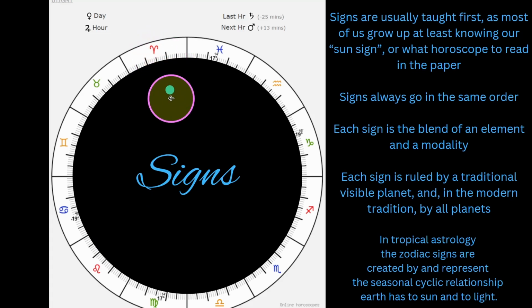Each sign is also ruled by a visible planet, traditionally, and in modern times by also the far planets, but I don't work with that. I only work with the traditional rulerships. And in tropical astrology, the zodiac signs are created by and represent the seasonal cyclic relationship Earth has to sun and light. So I'll get into that later.